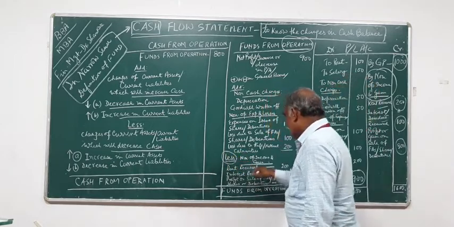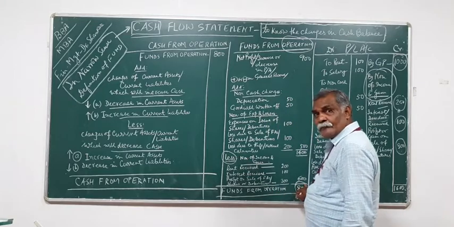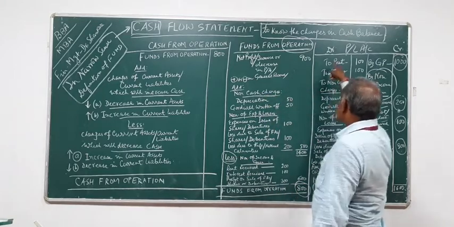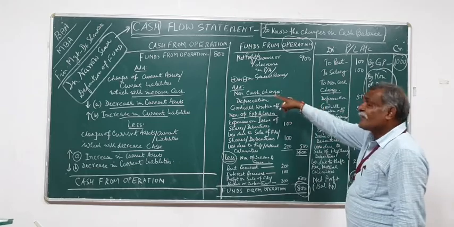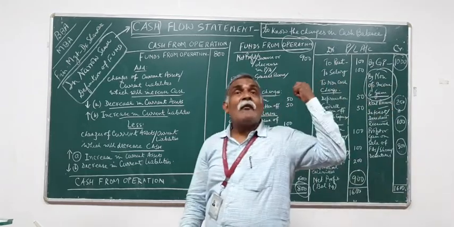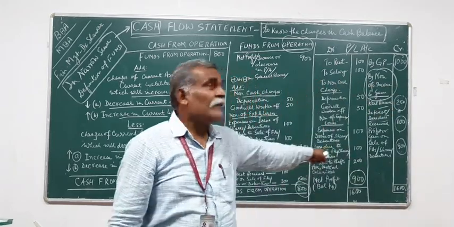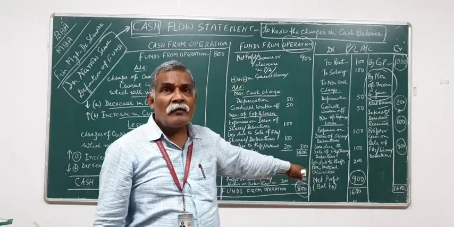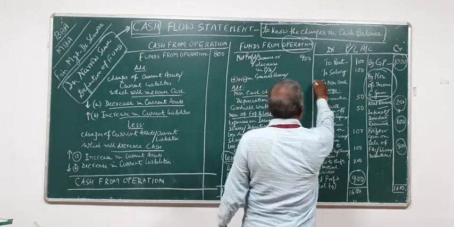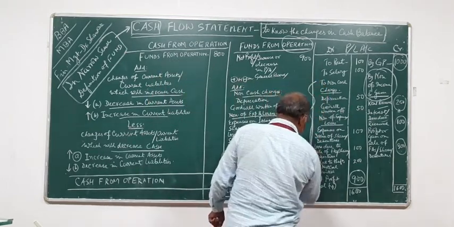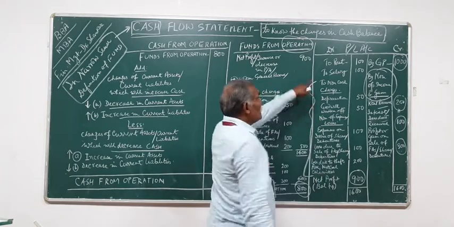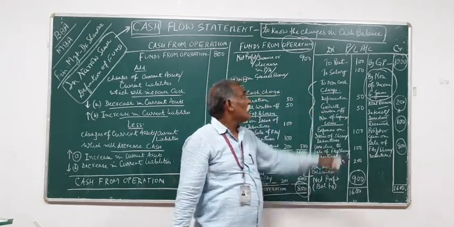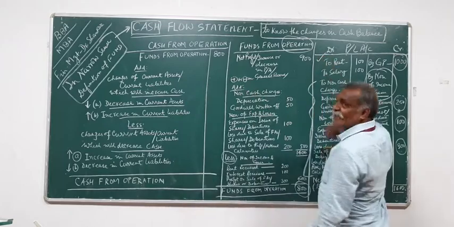So after excluding this non-operating income and gain, 600, add those items because of which our net profit is decreasing. Due to which reason? Non-cash charges. Rent is operating expenses, yes.